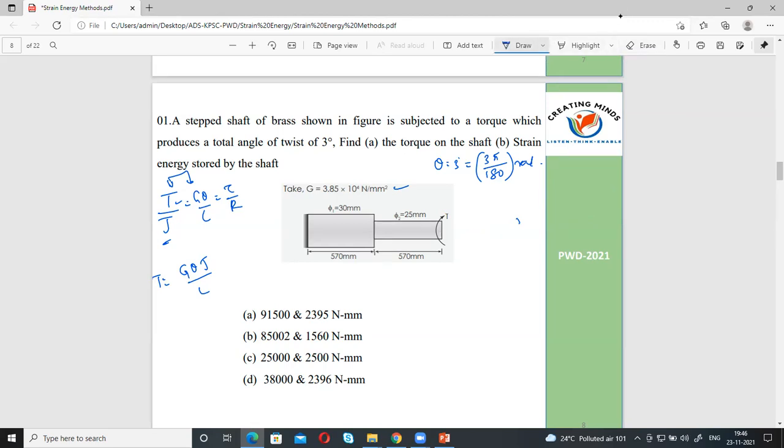Try to write here. T equals G value 3.85 into 10 raised to the power of 4, theta is 3 degrees, that is 3 pi by 180, J is pi d power 4 for the first term, that is 30 power 4 by 32, divided by length, 570 mm.